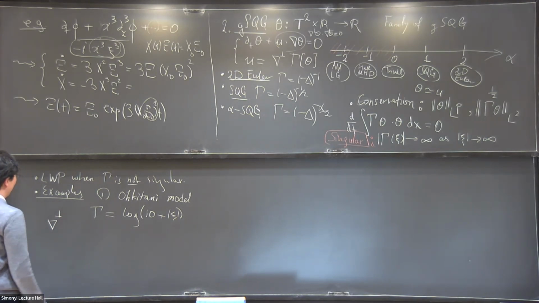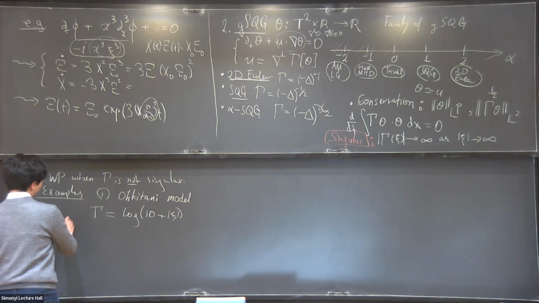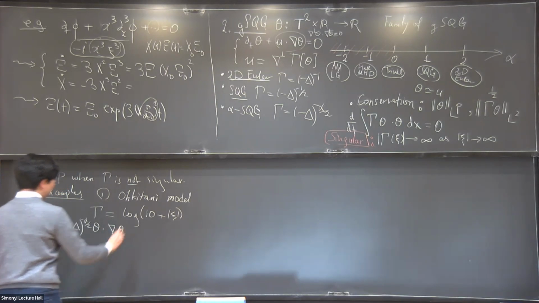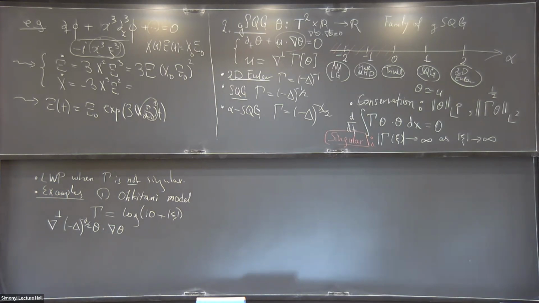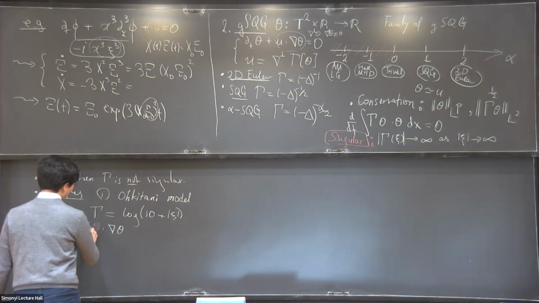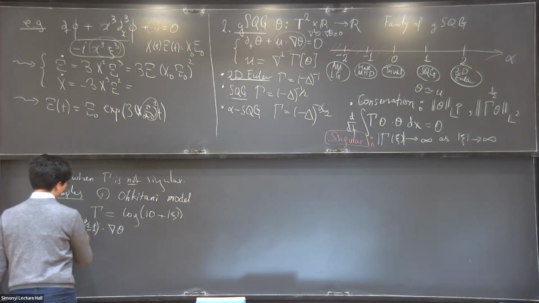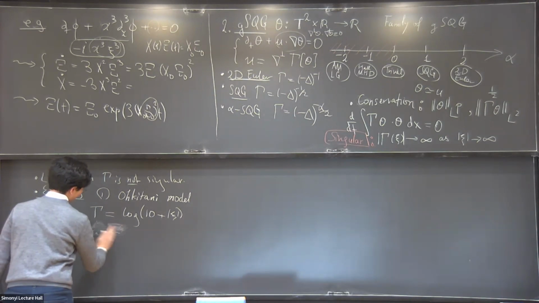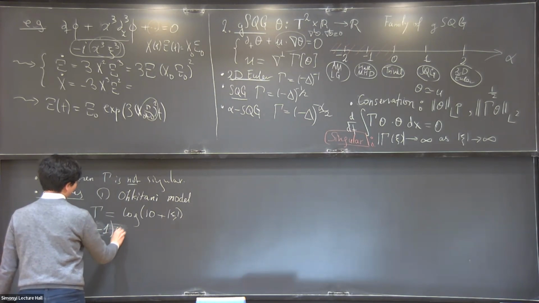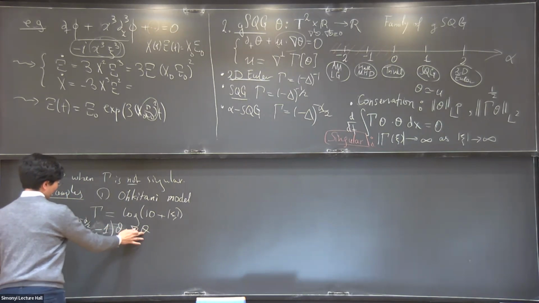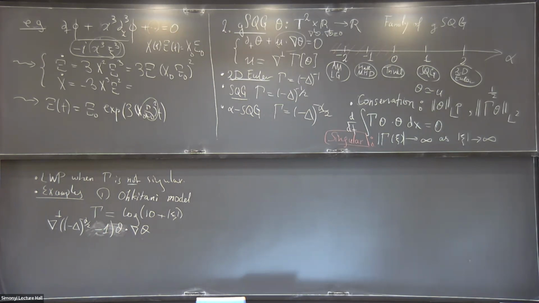If you look at the nonlinearity, which is alpha over 2 theta, the gradient theta. First, this is equal to this minus 1 theta, the gradient theta, because this cancels with gradient theta.